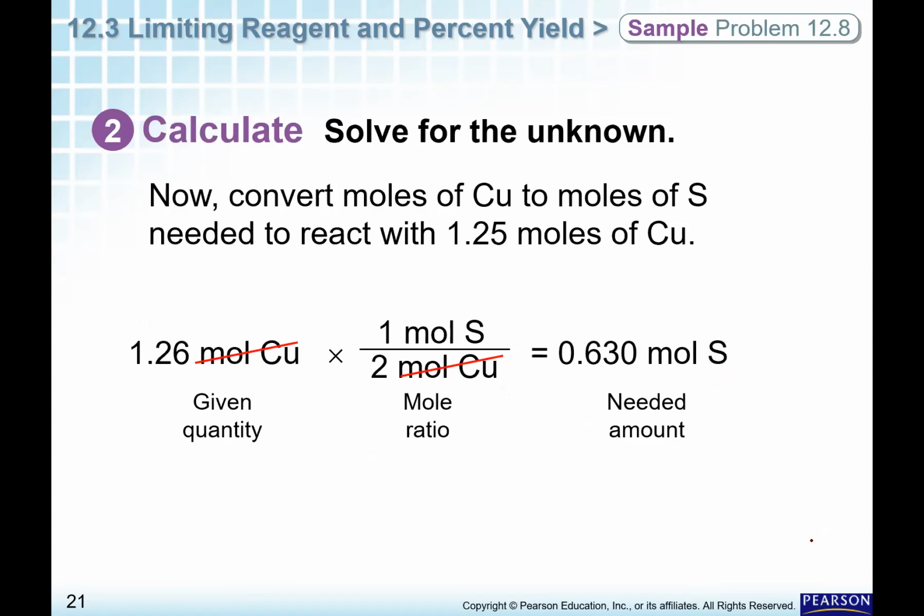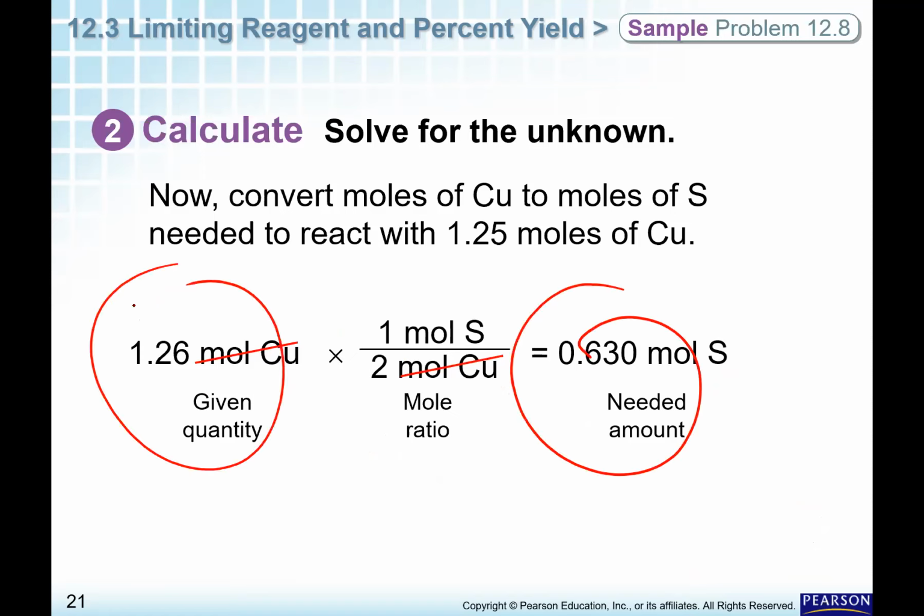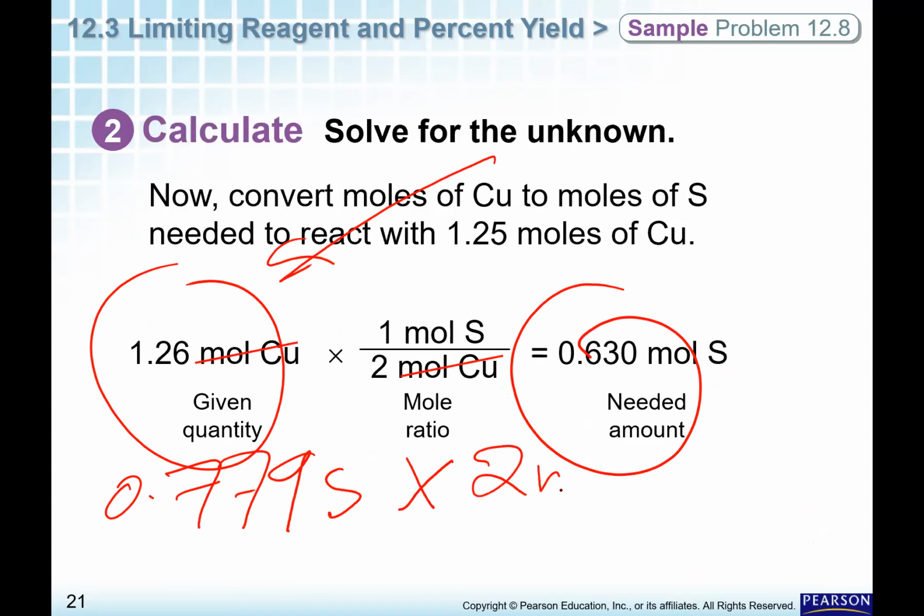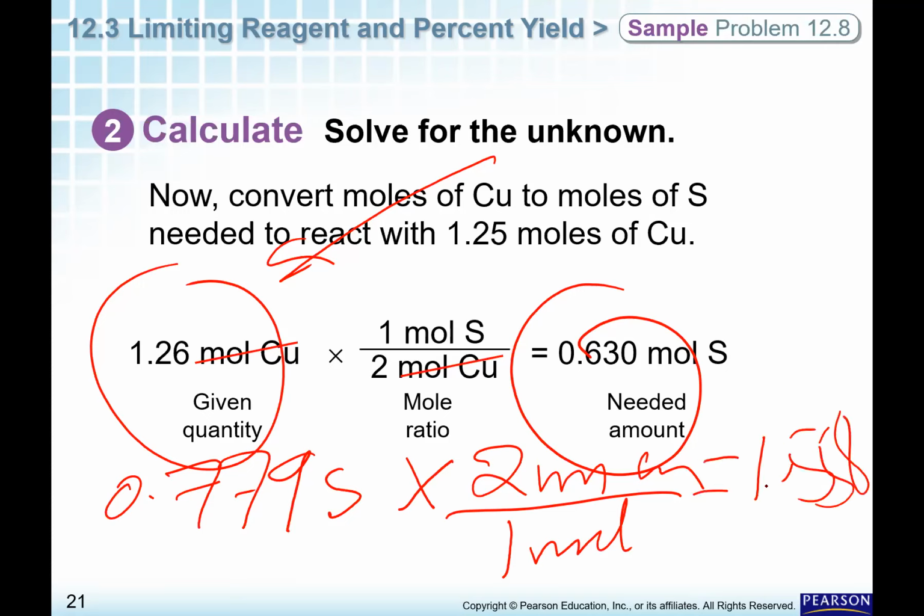Based on what we did over here, somebody might say, why did you use the copper? Why didn't you use the sulfur? Yes, okay, let me use the sulfur. Instead of using copper, I will say 0.779, which is what I have of sulfur, times 2 moles of copper divided by 1 mole of sulfur equals 1.558 moles of copper needed.